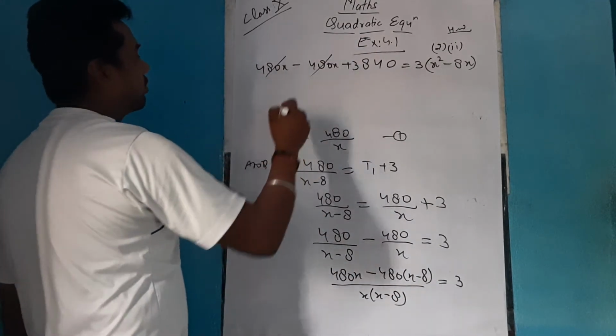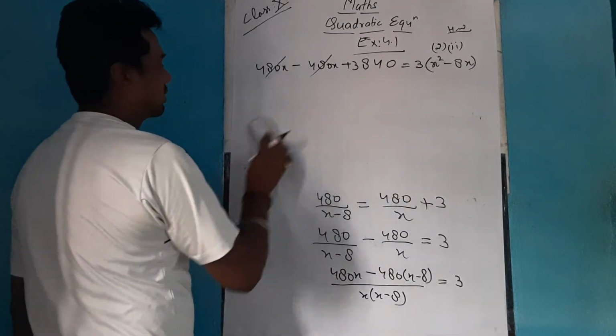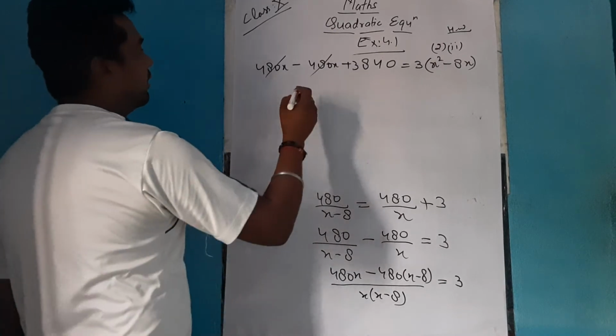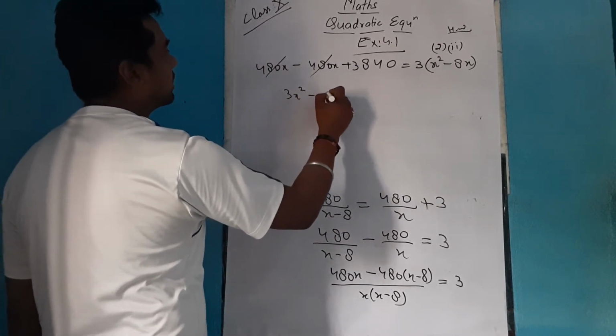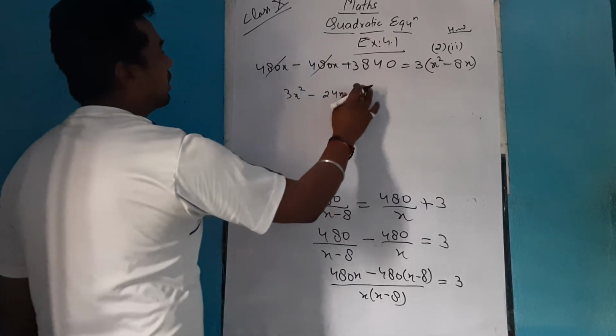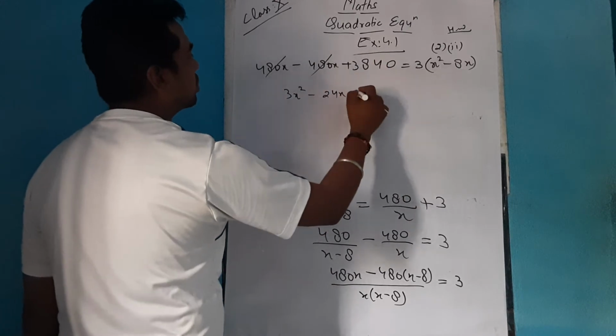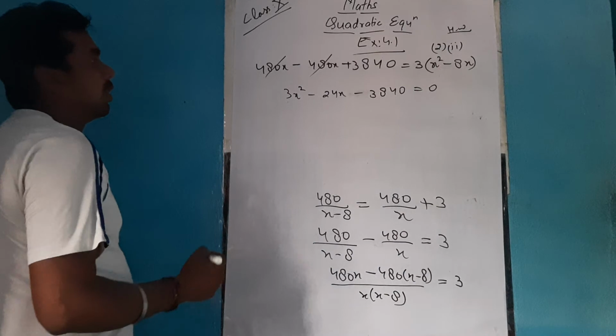So 480x cancelled, and we simplify, that becomes 3x square minus 24x minus, sending this towards the right side, 3840 equals 0.